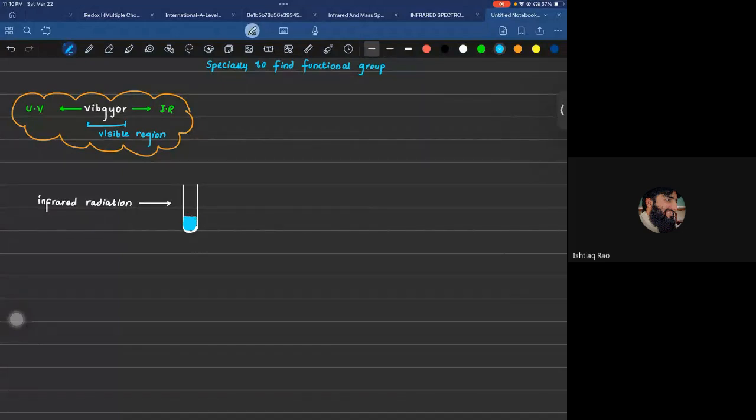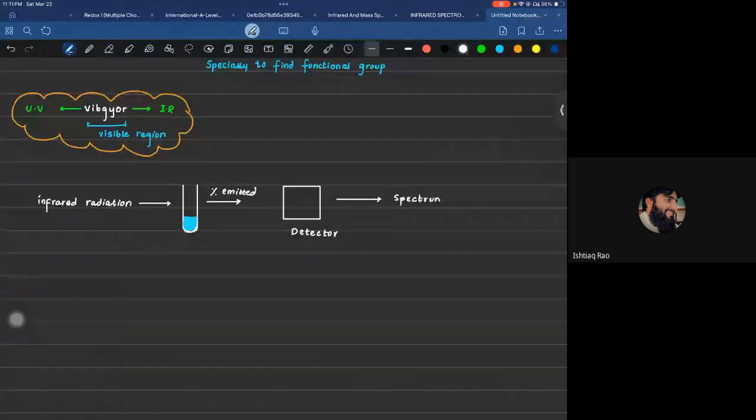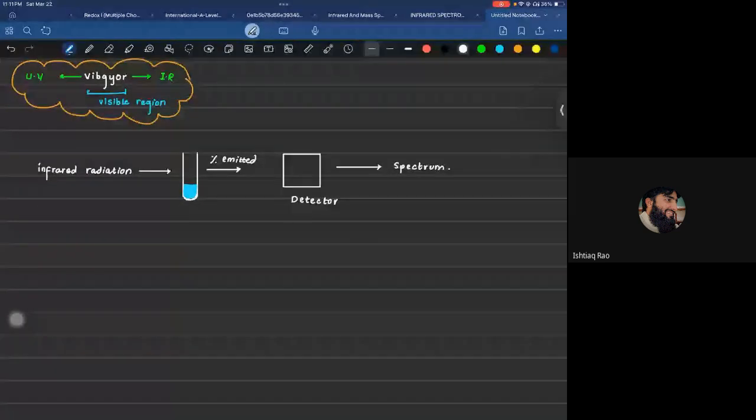After absorbing some infrared radiation, the rest of the energy passes through, and then we have a detector that is going to detect. This is your detector, and then the detector is going to give you a spectrum, and we are going to analyze that spectrum.